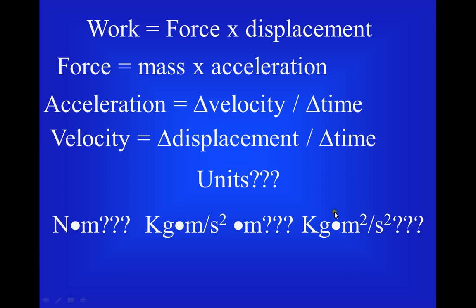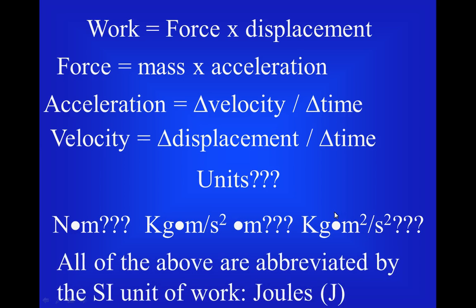It gets pretty wild after a little while, but what we're going to say is that the unit for work is joules, and joules is a collection of any of those things that you see above us here. So joules is newtons times meters. Joules is also kilograms times meters per second squared times meters, or if we multiply that through, kilograms times meters squared per second squared. All of those things come out to the same thing, which is joules.